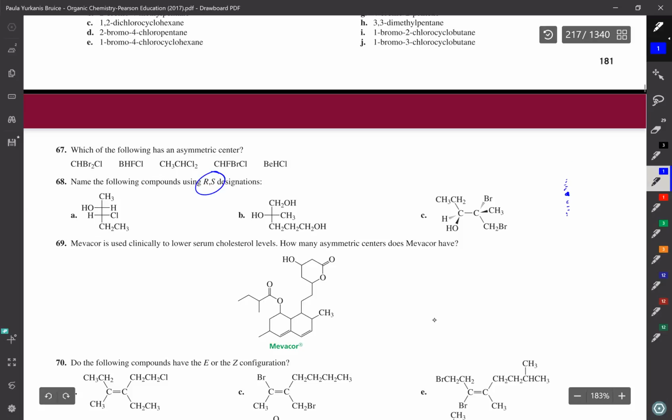That's what you need to know. And all the horizontal bonds are pointing forward. That's a template for the Fischer projection. So if I look at 68A, it means that this group is pointing back, this group is pointing back, and then these groups here are pointing towards you. That's what you need to remember in the Fischer projection.